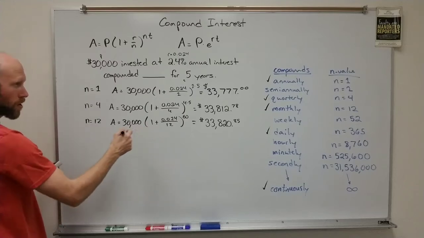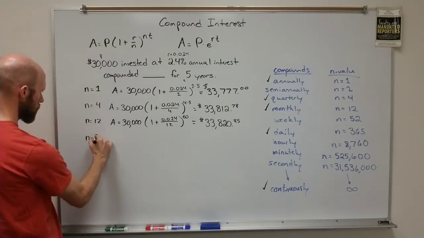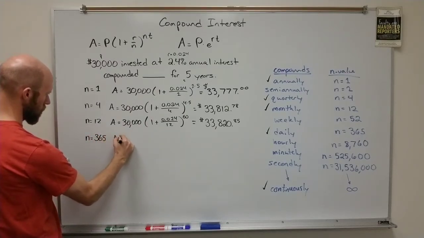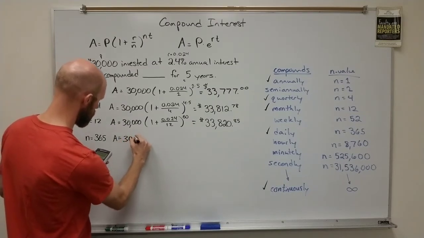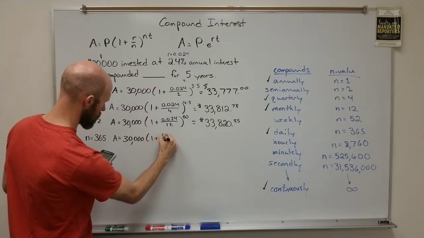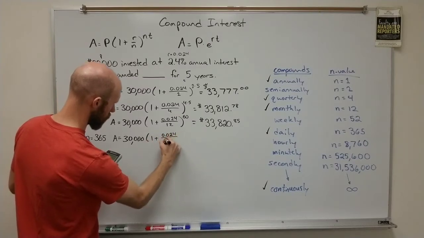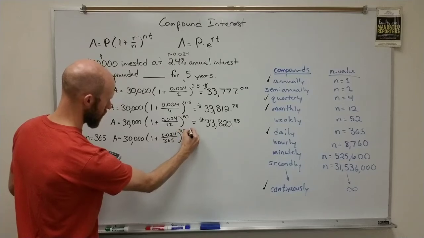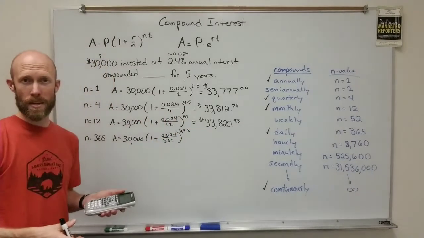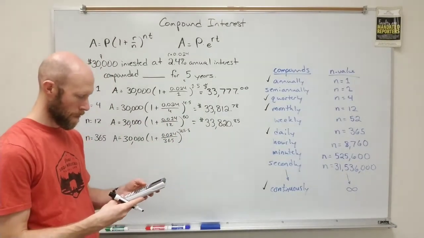And if I wanted to go to daily, if n is 365, then again you get the 30,000 times 1 plus 0.024 over 365 raised to the 365 times 5 power, and I don't actually know what that is, so I'm going to have to type that in up here.